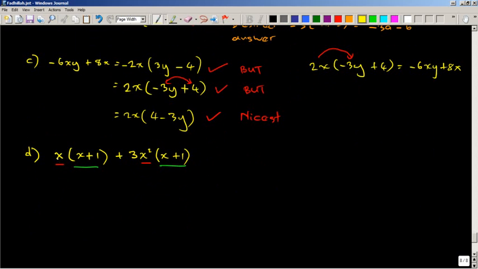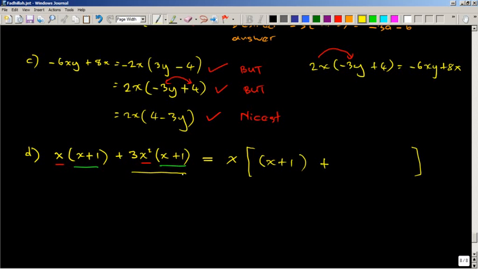Okay. So we look at X first. We can factorize by putting X away, and then put everything in bracket. Okay. So you put this X away, then you're left with X plus 1 here. Alright. And then you need to add something here.